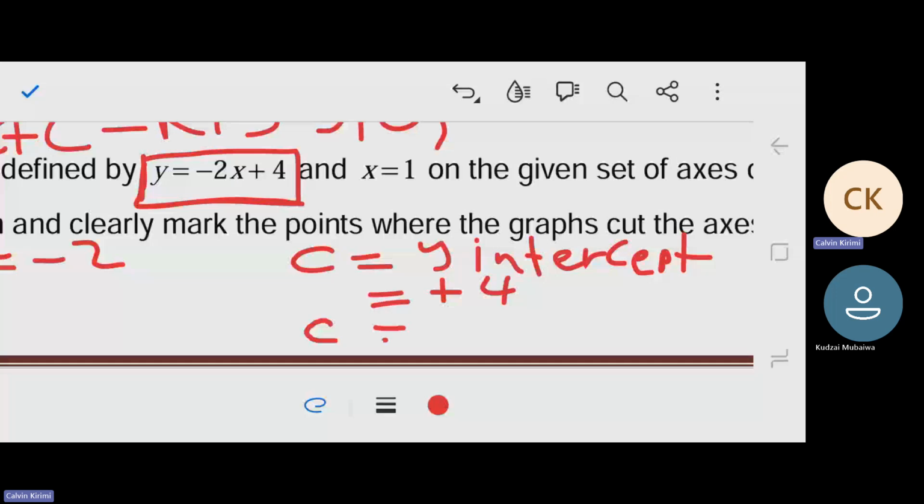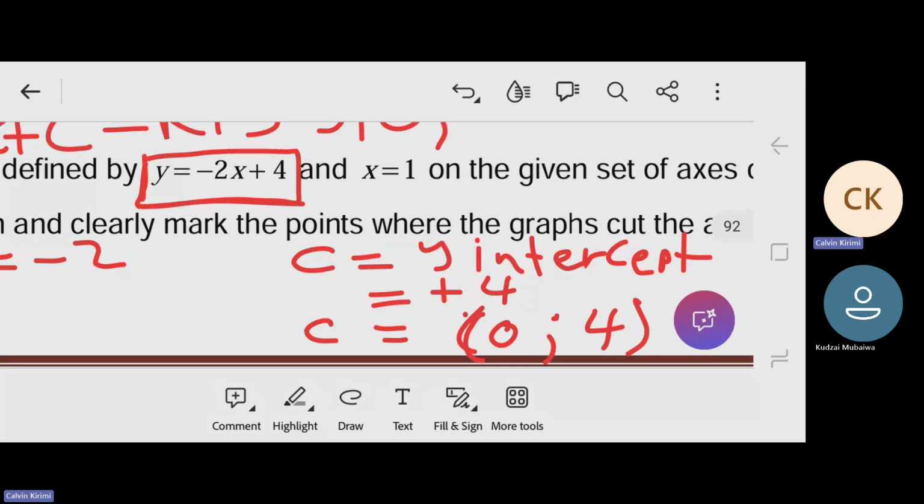C is equal to (0;4). So already you know how your graph is going to look.